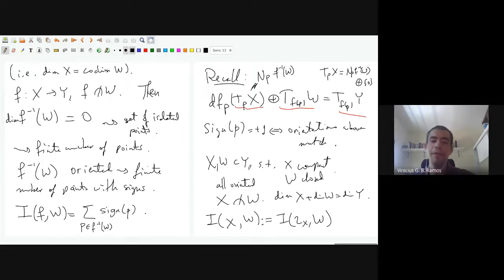If you have two submanifolds and you want to intersect them, you replace one by the inclusion function, and you intersect that function with the other submanifold.